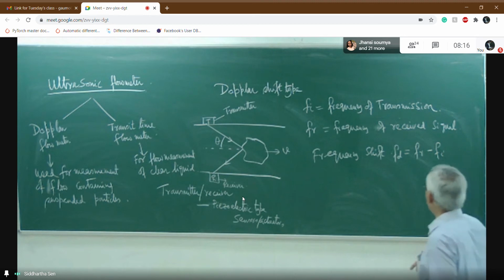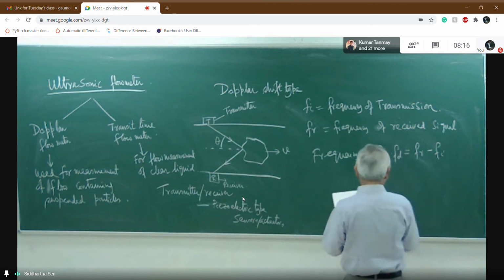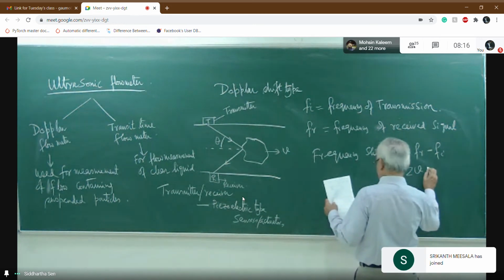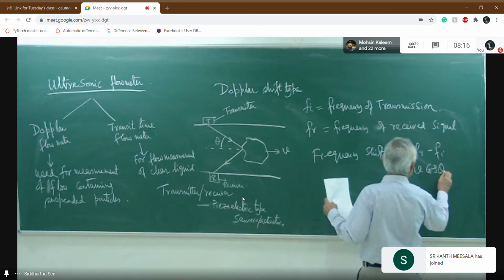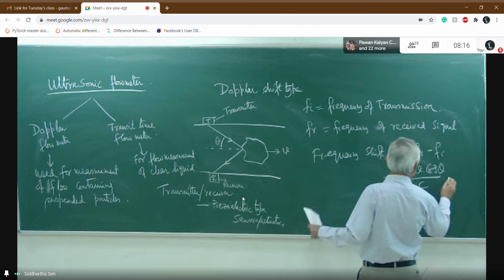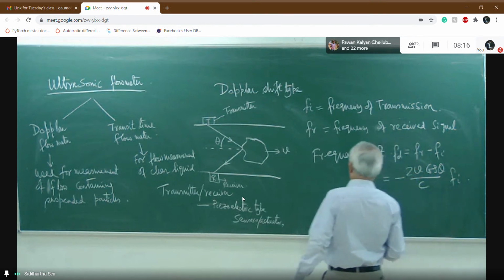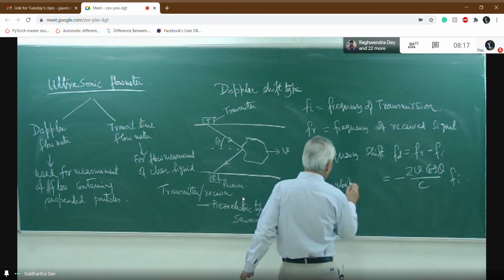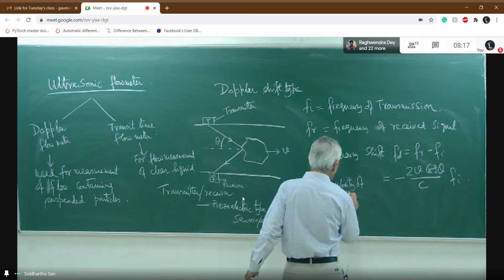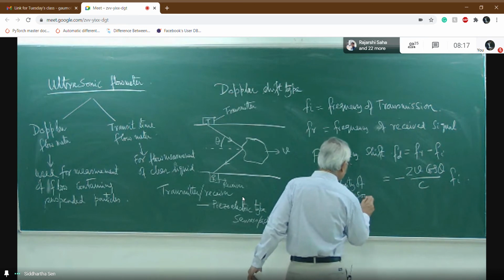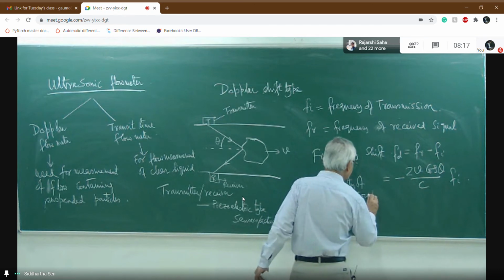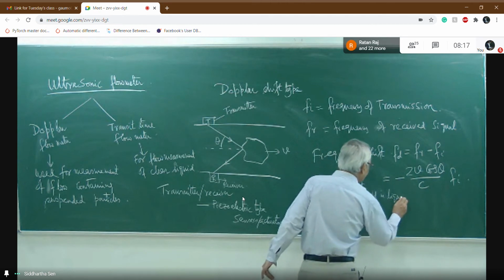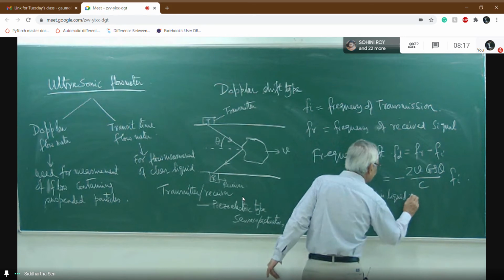You can find that this is equal to minus 2V cosine theta divided by C, times Fi, where C is the velocity of ultrasound in the liquid medium.